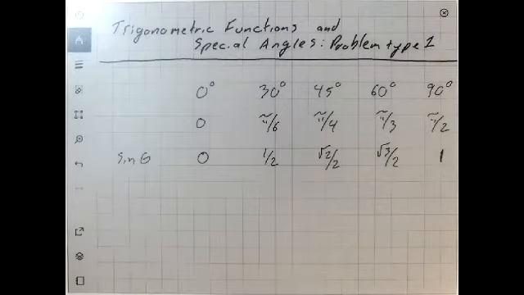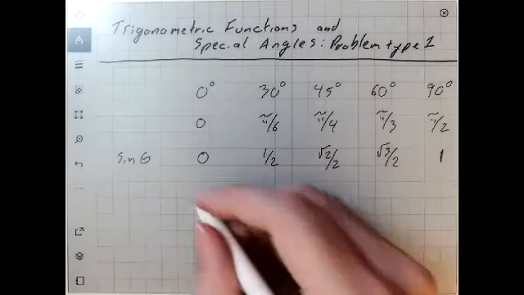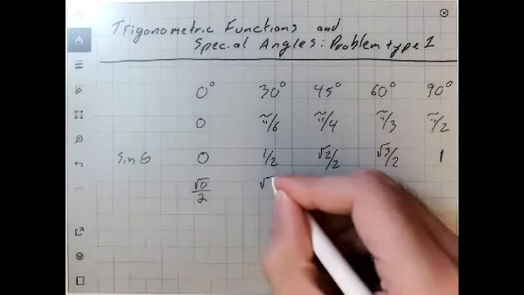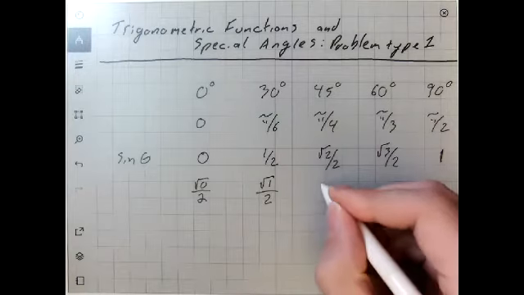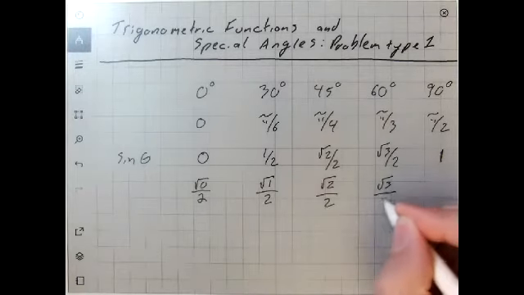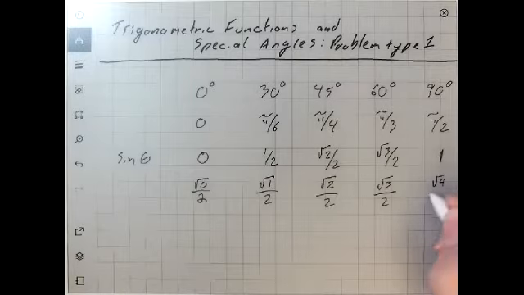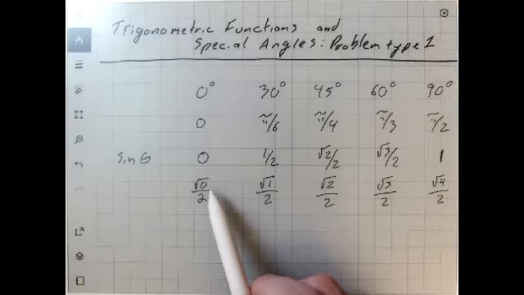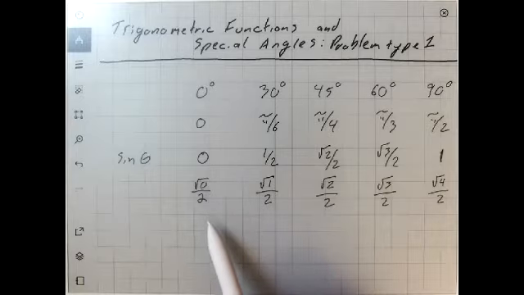But if I write these values out slightly differently, a nice pattern emerges. The square root of 0 is 0, and 0 divided by 2 is still 0.